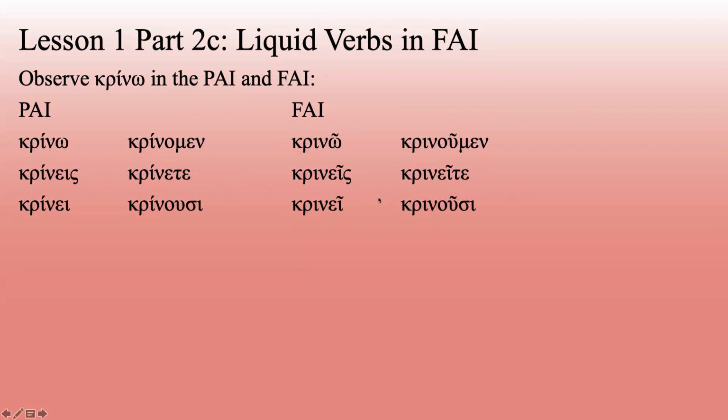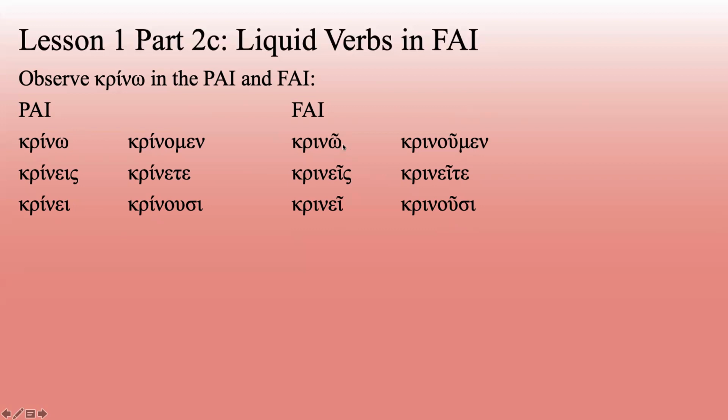However, you can make an observation about your accent marks. If you need a second, pause the video and take a good look. What do you observe? Hopefully you observed that in the present active indicative, the accent was a little bit further forward in the word, and in the future active indicative, it was a little further back in the word, somewhere on the ending.